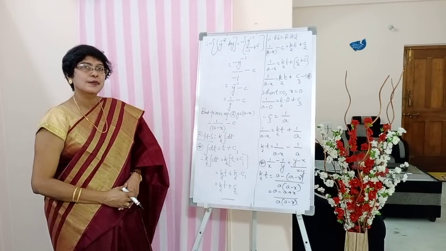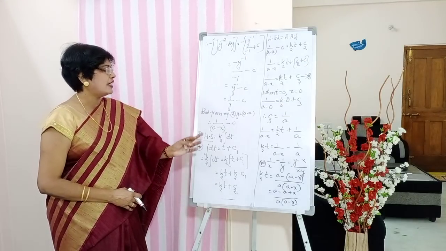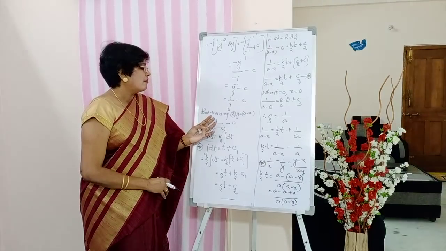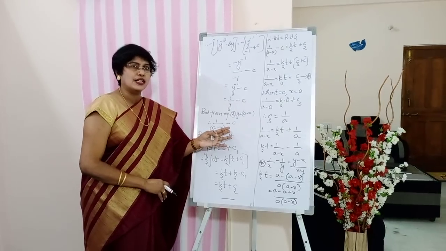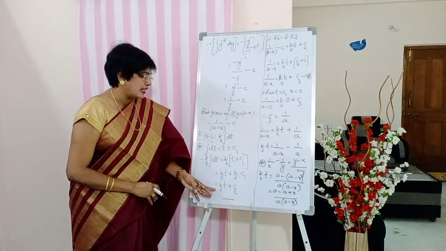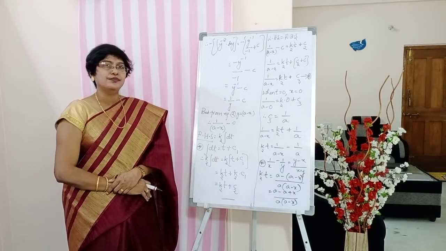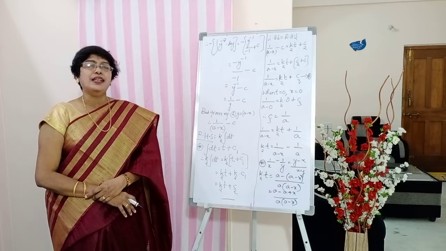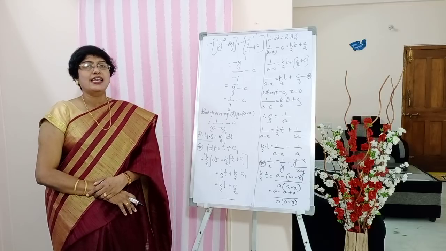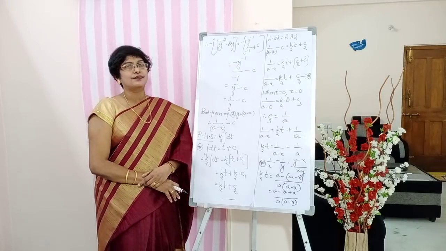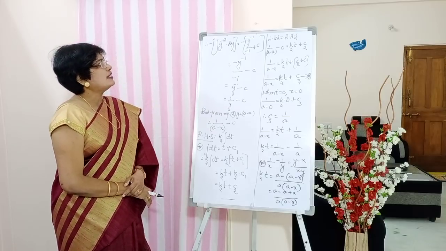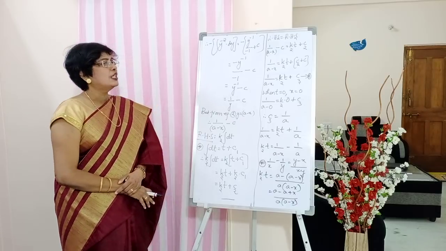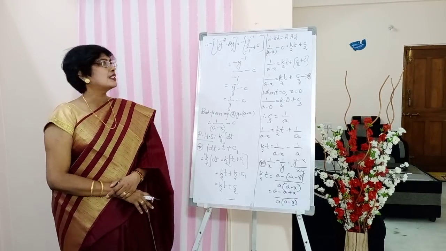Left hand side we have solved and got 1 by a minus x minus c, students. Right hand side we got k2 into t plus c2. So we have solved the two portions separately. Now we will equate both the portions. LHS is equal to RHS. Left hand side portion 1 by a minus x minus c is equal to k2 into t plus c2.